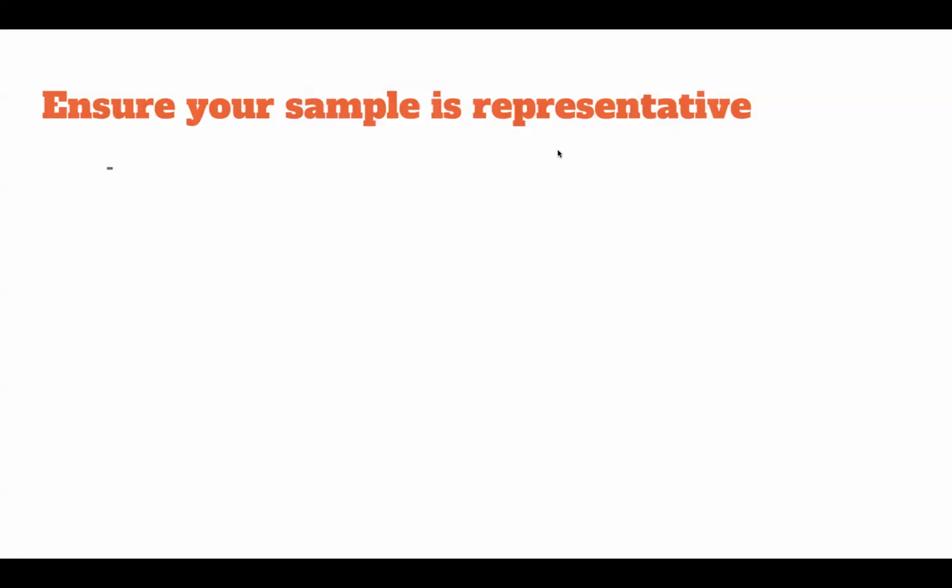So ensure that your sample is representative, and that goes on to sampling error, standard deviation, all of those things. So there are a lot of things to think about. There are statisticians who can give you some formulas or things to factor in as you get your sample.